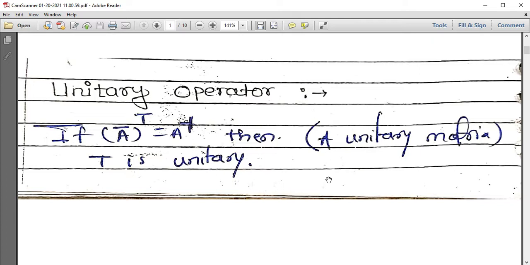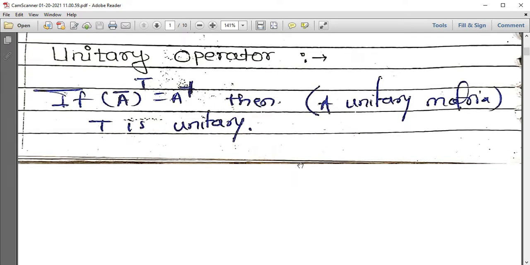First, see the definition of unitary operator. What is a unitary operator? If A is the matrix of T with respect to an ordered basis beta, and the transpose of the conjugate of A is equal to A inverse, then the linear operator T is a unitary operator.